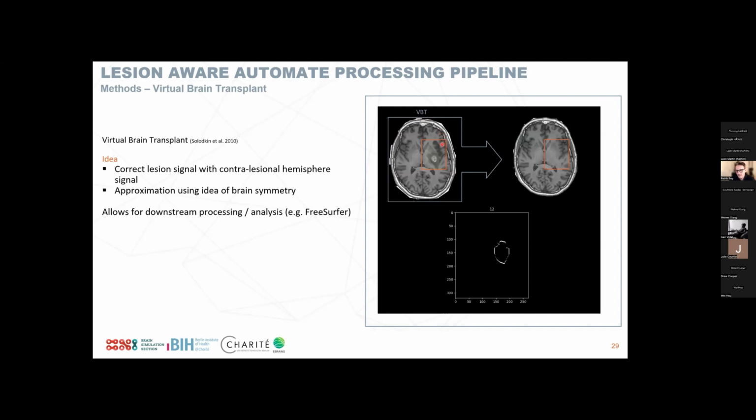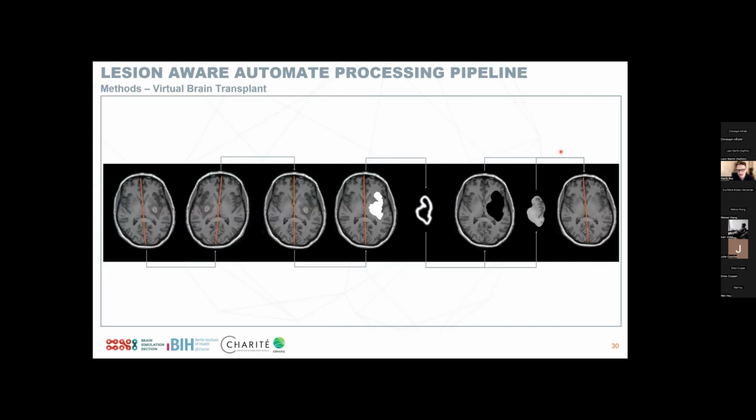So if you're trying to map this in, we still find very dark spaces here that could be misclassified as CSF, as outside of the brain. So it will treat these subcortical areas as surface because they're very dark, which is of course not the surface of the brain. So with this approach, we can get an approximation of the actual underlying truth that we cannot get to because of the lesion.